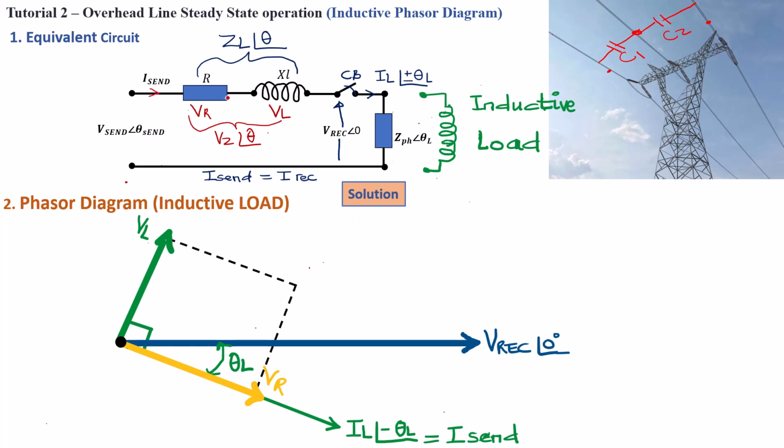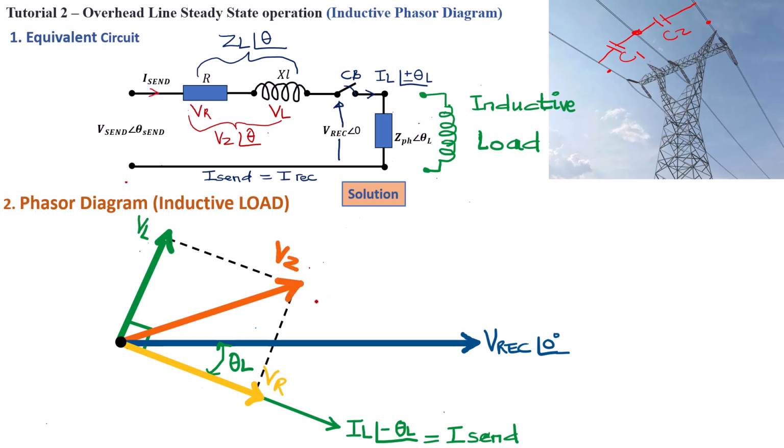Equally so, if we know the value of VR and the value of VL, we can easily calculate the value of VZ, which is angle, and plot the VZ phasor in reference with the V receiving end, because it is important to note that VZ is the voltage drop on the transmission line that is in reference to the receiving end voltage. So the angle of VZ here must be in reference to the V receiving. So we can go ahead and make a projection of our VZ.